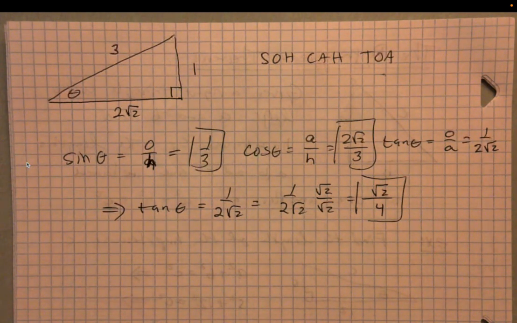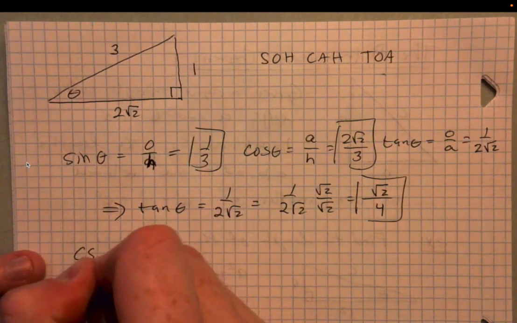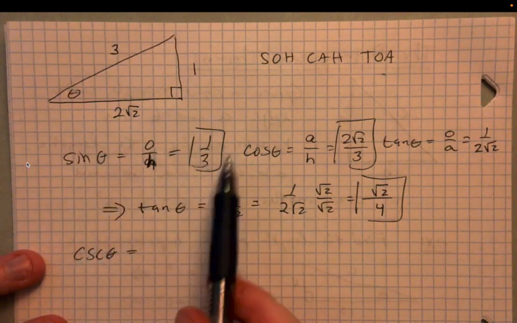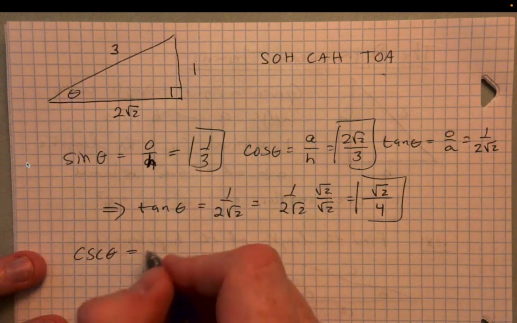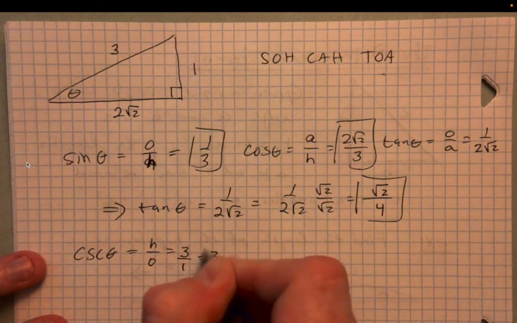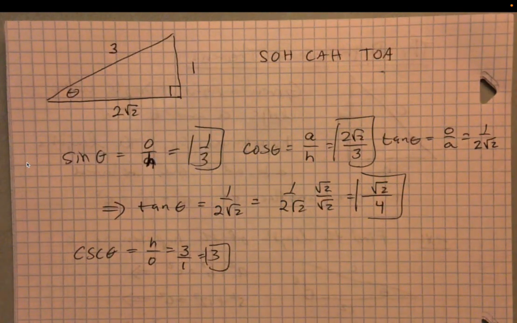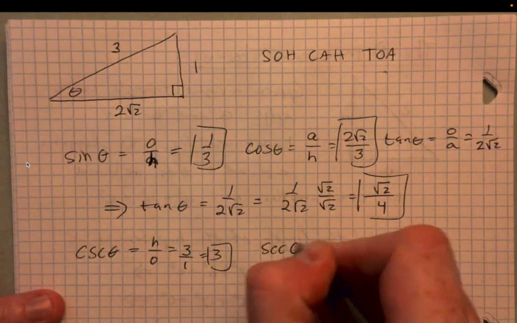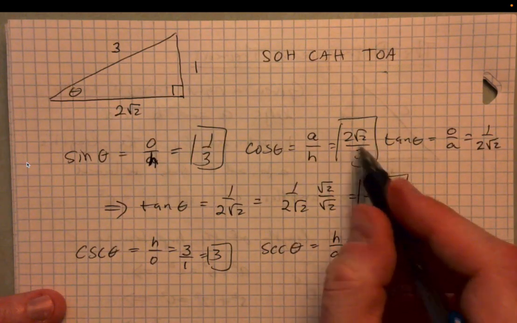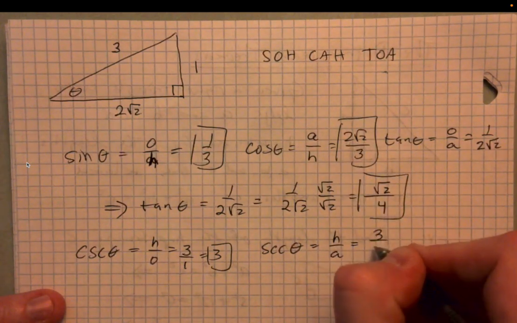And then the cosecant of theta, that's going to be hypotenuse over opposite, really the reciprocal of sine, so that's just 3. Just kind of put all the work in there so you can see that. And then the secant of theta is hypotenuse over adjacent, and so that's 3 over 2 square root of 2.